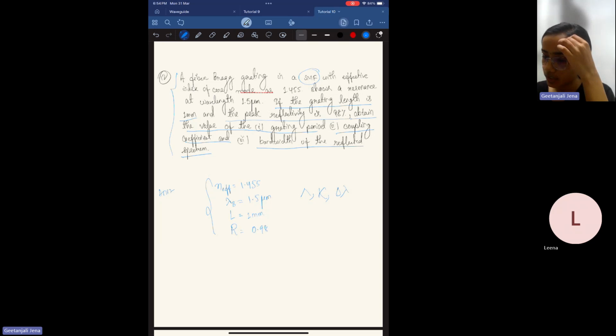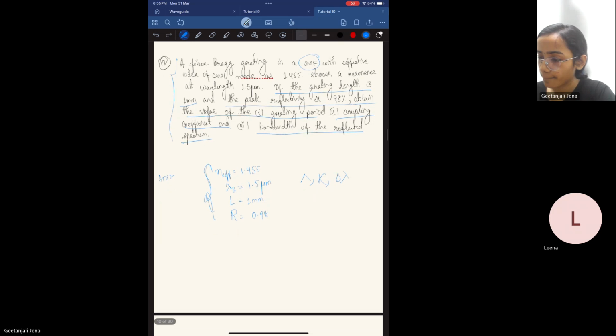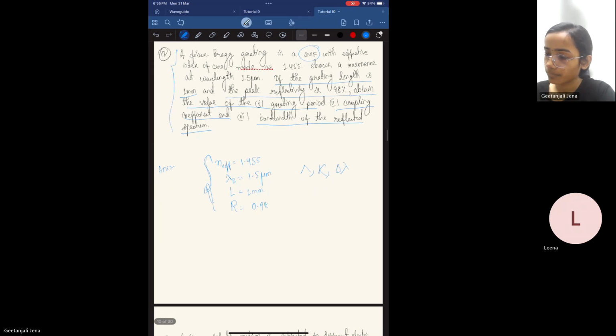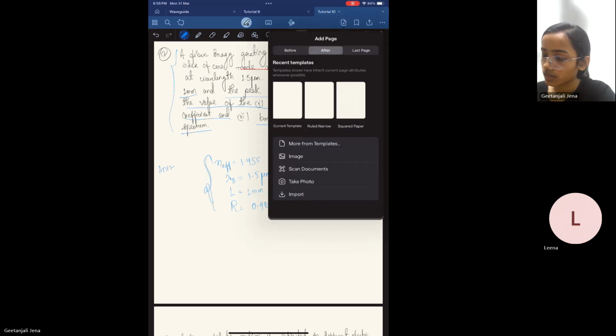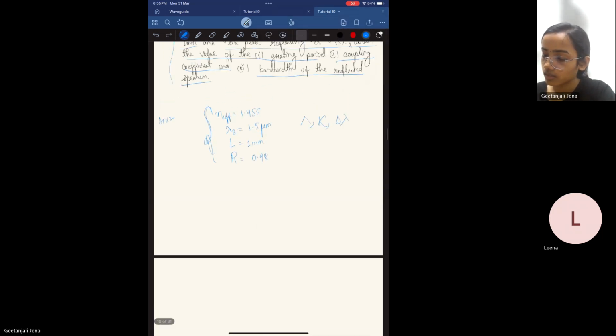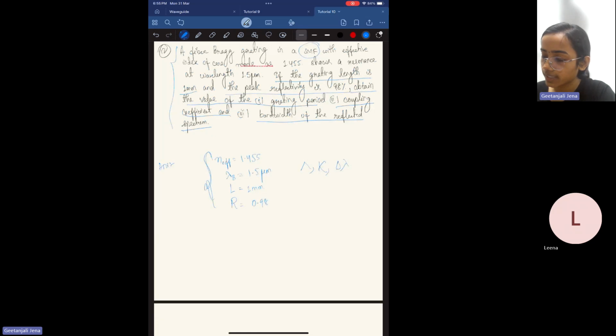Can you calculate what will be the period if you have this much information? Please calculate whether you are getting the value of grating period or not.